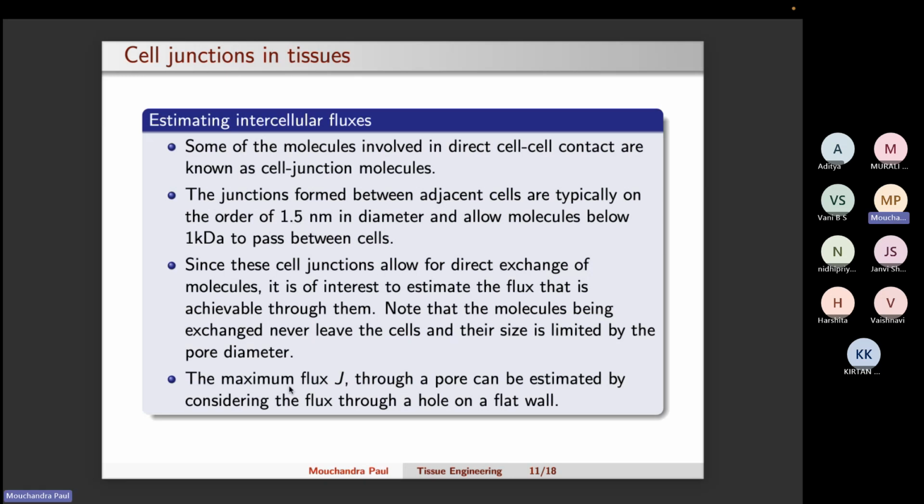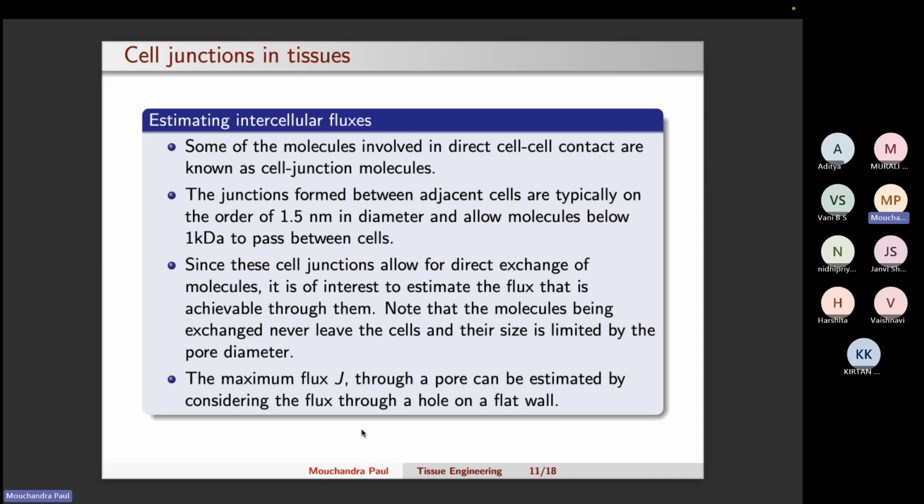So the maximum flux, again, the definition of flux is the concentration per unit time per unit area. You can estimate the maximum flux by considering a model of flux through a hole on a flat wall. So if you have a flat wall with a small hole, and some molecules are on one side of the wall and on the other side there is no molecule, you are studying at what rate these molecules will pass through this hole.